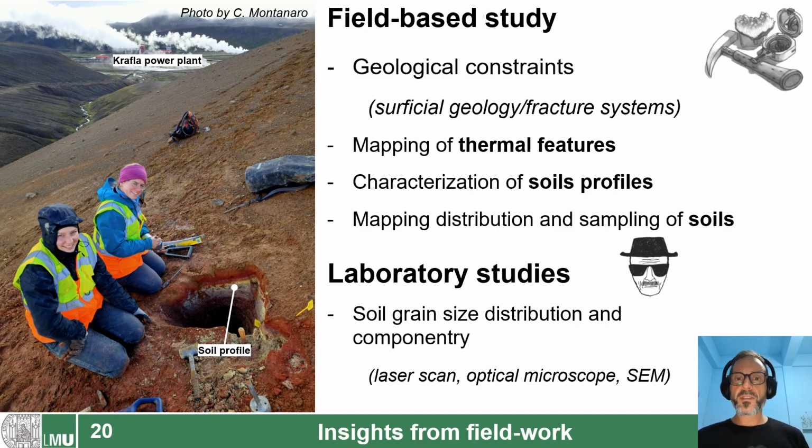Some of these features have alteration halos that can affect both top and subsoil. Like in this picture shown here, this is just one example of subsoil around the Krafla geothermal field, and we can see intense coloring of the soil layer due to the vicinity to a thermal feature.